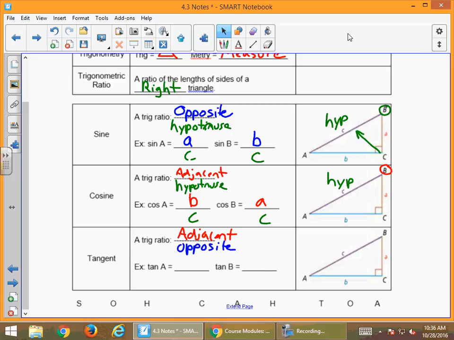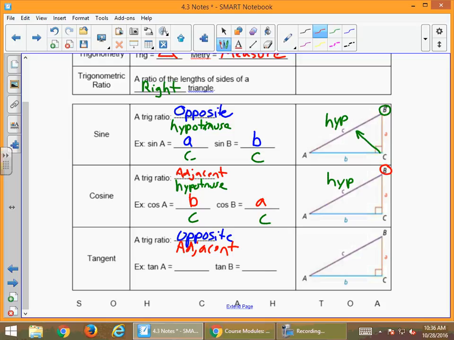Oh my goodness, what am I doing? My goodness. Opposite over adjacent. I would have figured out my mistake real early. Opposite over adjacent. Just color coordinating things. T-O-A. You'll see why in a second.